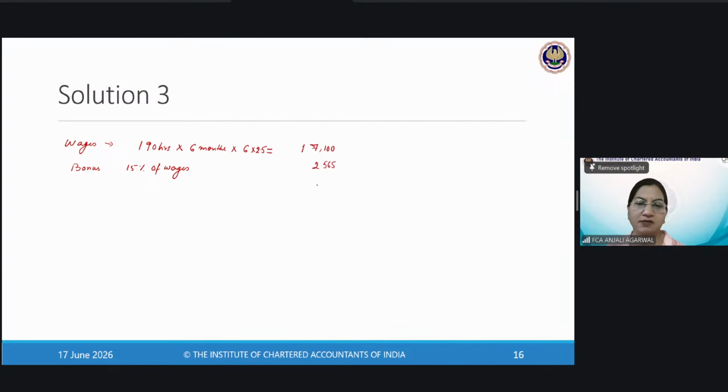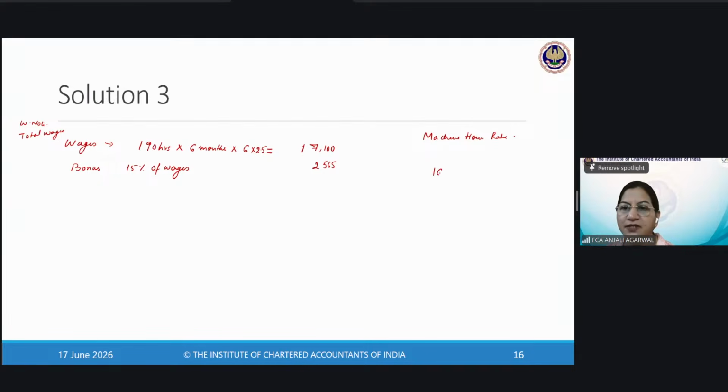So these are the basic wages and all. Apart from this, there will be other overheads. However, when we are calculating the machine hour rate, we'll have to prepare a working note. This will also go as a working note, total wages of the worker. And how many machine hours?